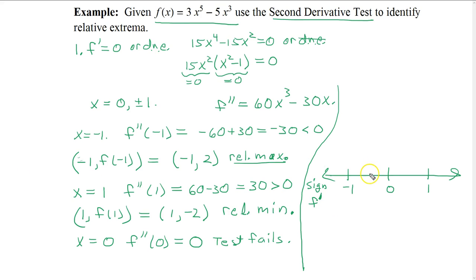So we'll pick test numbers like negative 1/2, positive 1/2, put these numbers back into the first derivative right here, and then see if we get back positive or negative numbers. So f prime, that's going to be our 15x to the 4th, minus 15.